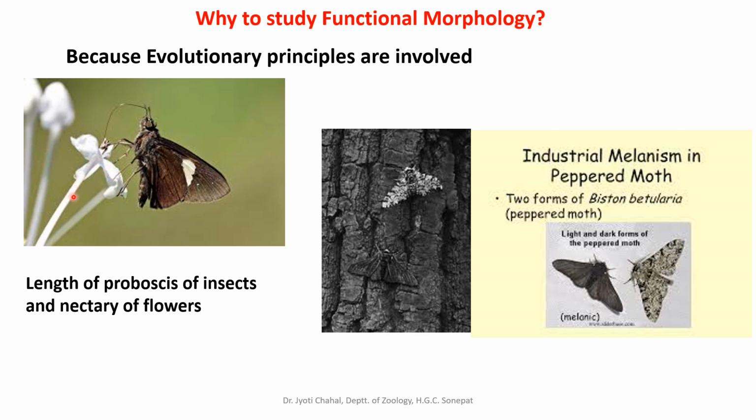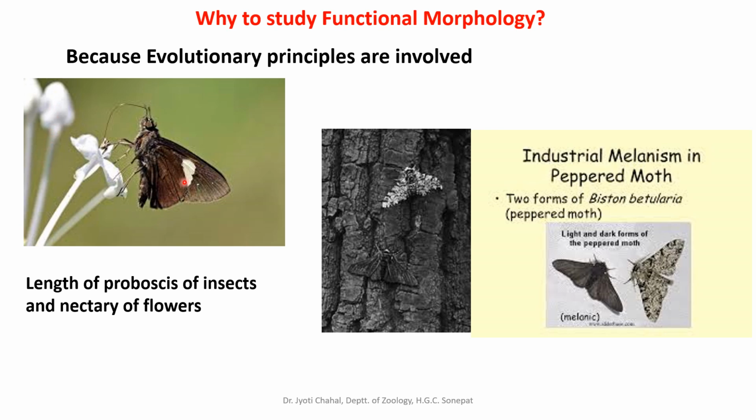So nectary length of flower and proboscis length. You can see this wire-like structure, that is the proboscis of the insect. The insect will place this proboscis into the nectary of the flower and will suck the nectar, and along with this process it will unknowingly pick up the pollen grains from here and will release those pollen grains on the other flower.